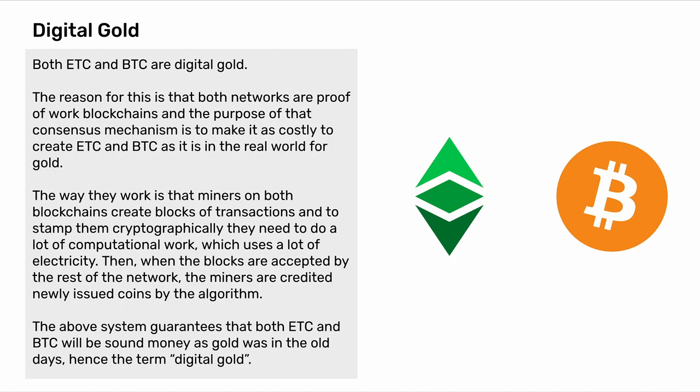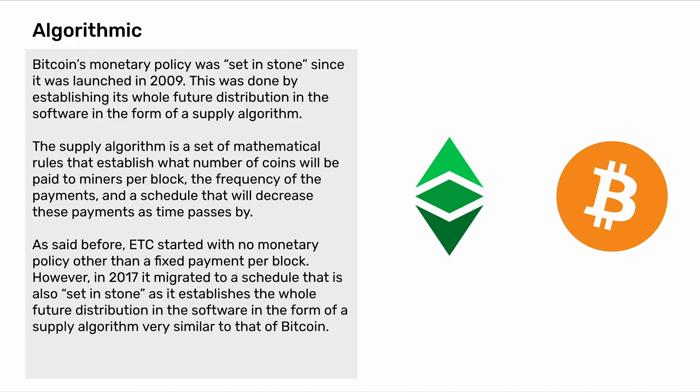The way they work is that miners on both blockchains create blocks of transactions, and to stamp them cryptographically, they need to do a lot of computational work, which uses a lot of electricity. Then, when the blocks are accepted by the rest of the network, the miners are credited newly issued coins by the algorithm. The above system guarantees that both ETC and BTC will be sound money as gold was in the old days, hence the term digital gold.